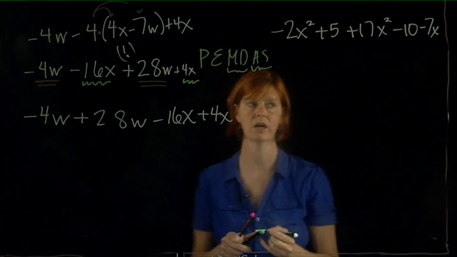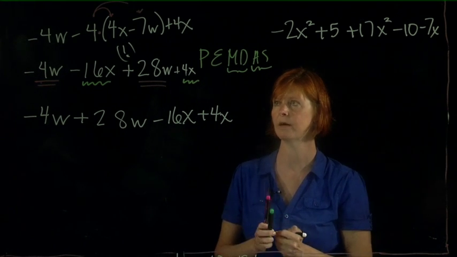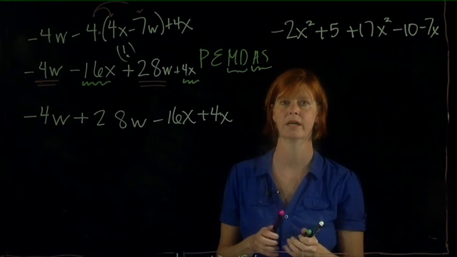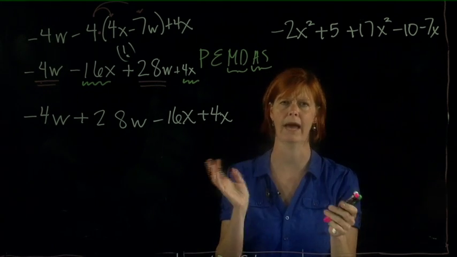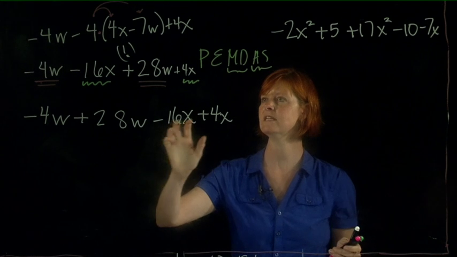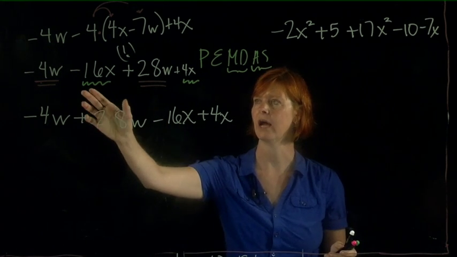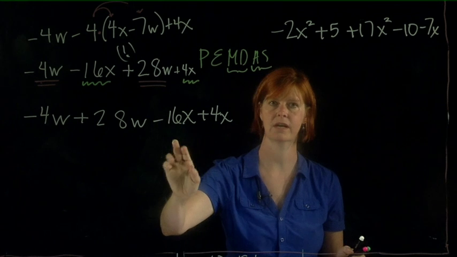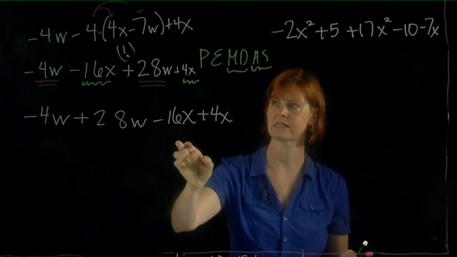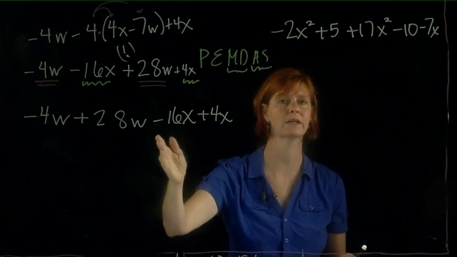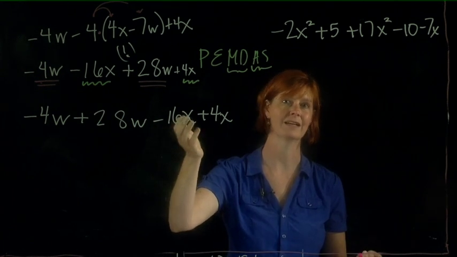Now what I did right there is I used the commutative property of addition. And that says that if you add two things or more than two things, it doesn't matter what order you add them in. So what I did here that was a little bit different is I glued that subtraction sign to the 16, and I think of it as a -16. So what was a subtract sign, you now think of it as a negative.